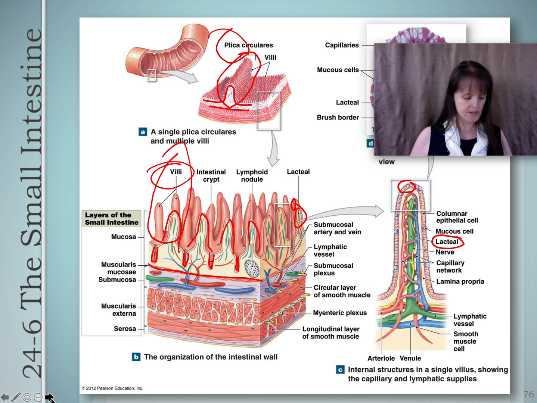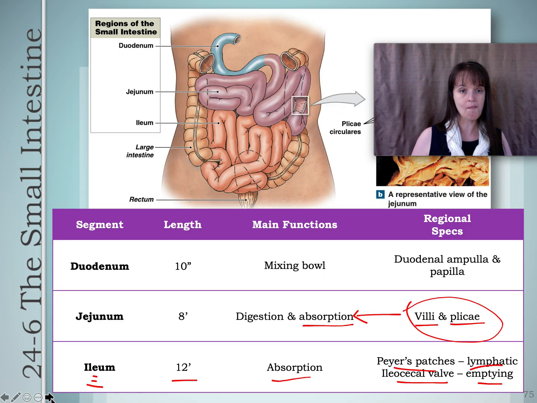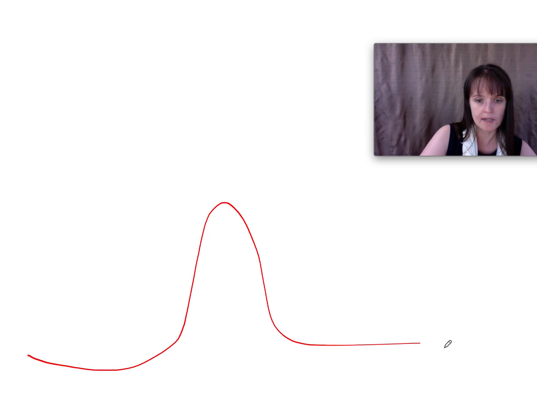Should we see if we can draw that? Let's see if we can draw that. There we go. Okay, a cross section of the small intestine. So we have a plica.